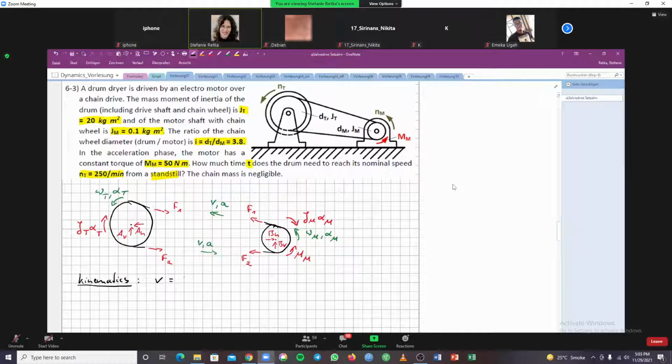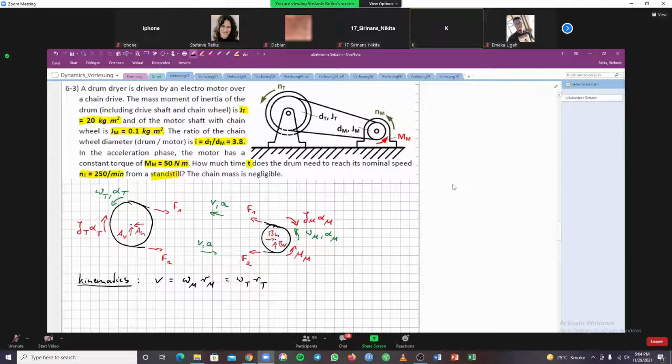For the motor, it would be omega m times Rm. And for the drum, it's omega t times Rt. The chain has the same speed everywhere in our system.